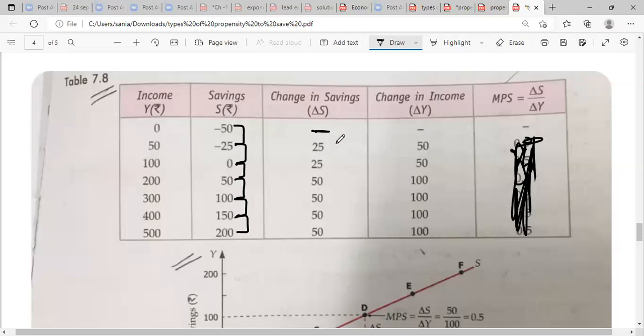Like this. And change in income: first one will be dash, next 0 to 50, 50. 50 to 100, 50. 100 to 200, 100. 200 to 300, 100. 300 to 400, 100. Like this. And MPS, you know the formula. You'll just put delta S divided by delta Y, and you will get your MPS. Clear?